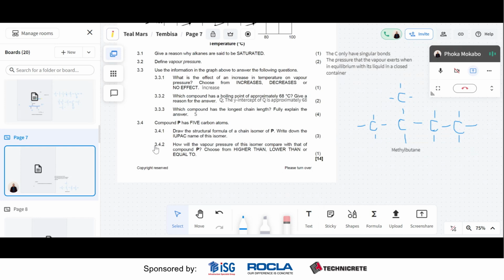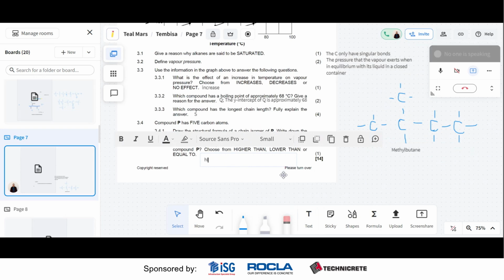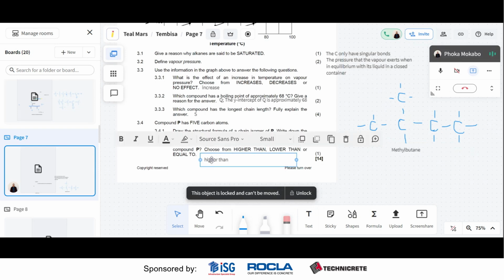Okay, moving on. 3.4.2. They say, how will the vapor pressure of this isomer compare with that of compound B? Choose between higher than, lower than, or equal to. The vapor pressure would be higher than. Why?